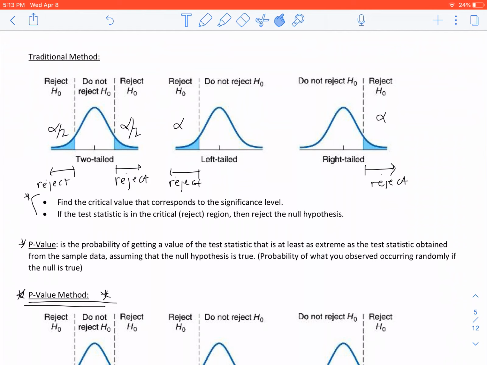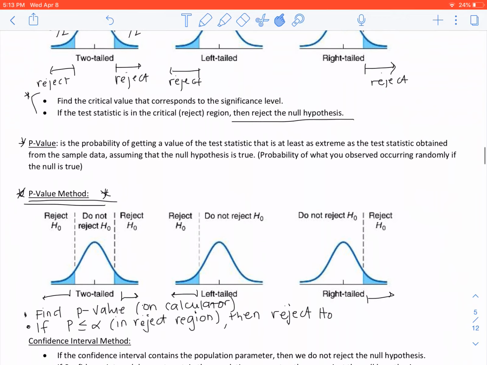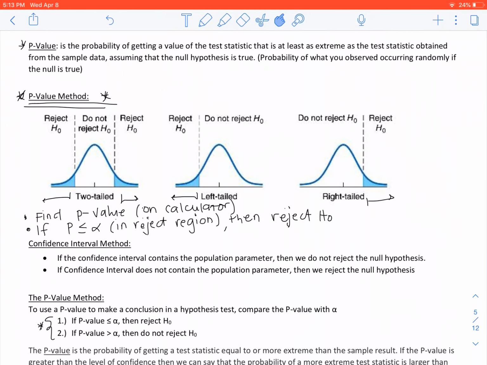And if it lies in those tails, which is determined by alpha, then those are the rejection regions, and we reject our null hypothesis. Again, this one's not as relevant. Our book and My Open Math is going to focus more on the p-value method. So we will glance at that a little bit and try a little bit with it, but most of it's going to be done using the p-value method.